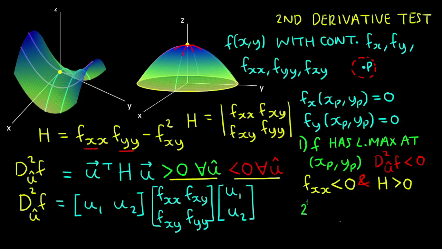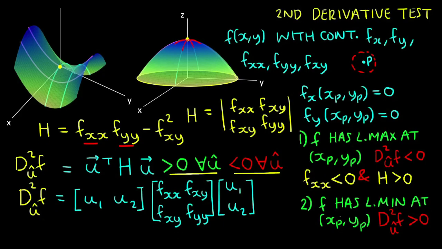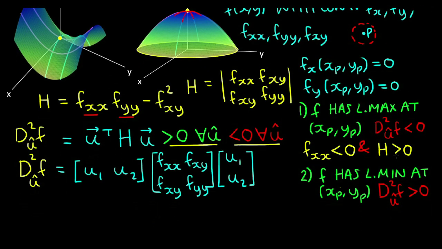And similarly, our function has a local minimum at the critical point P if the second derivative of our function in the direction of u is larger than 0. So this condition also means that the Hessian is larger than 0, but the partial derivatives on a diagonal are both positive.